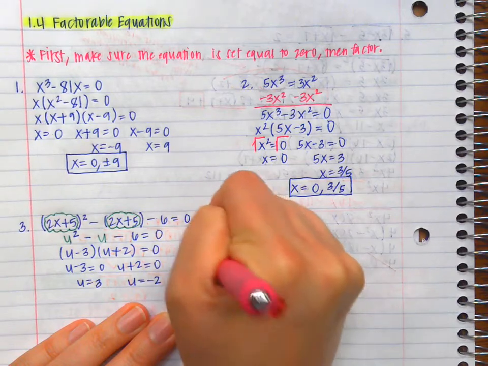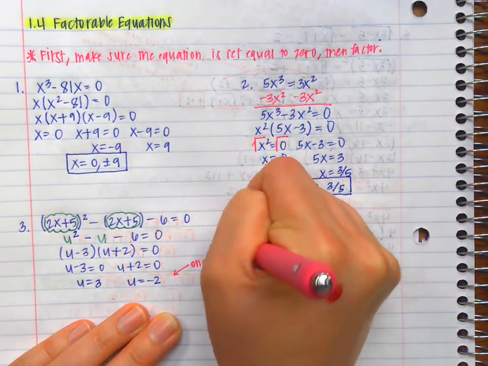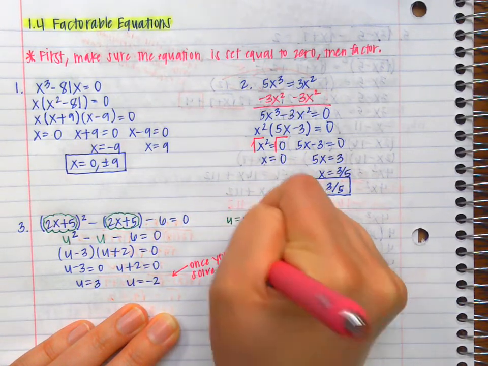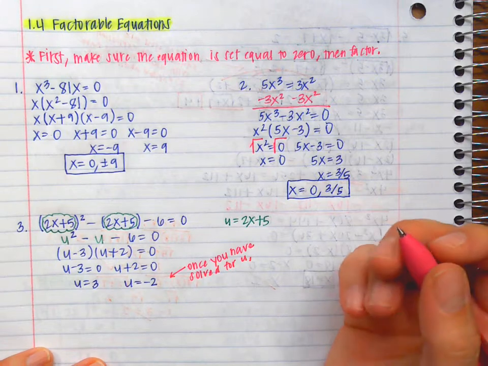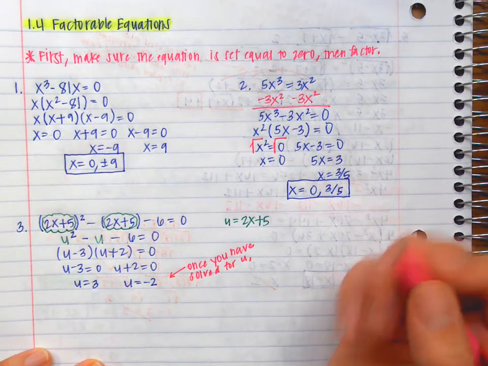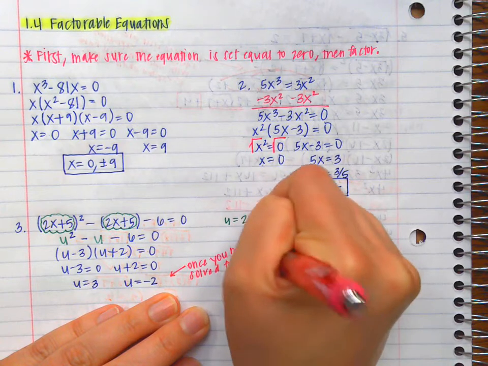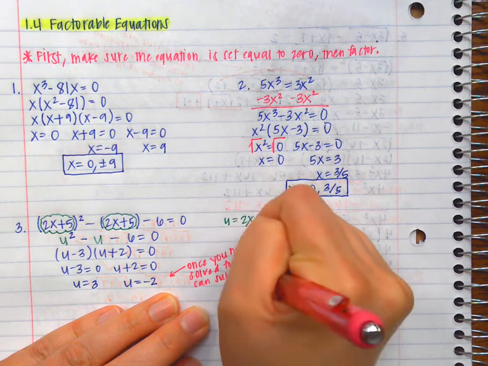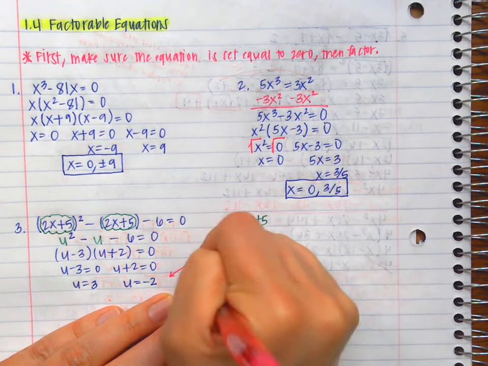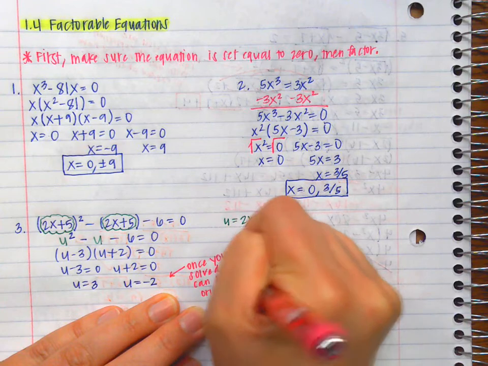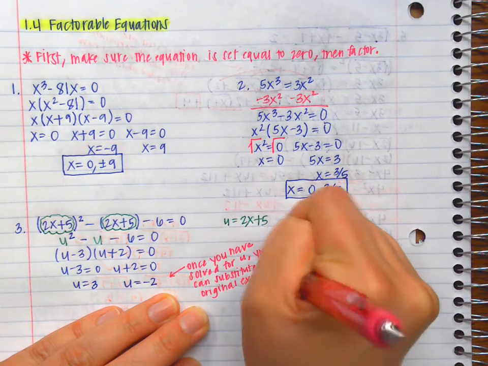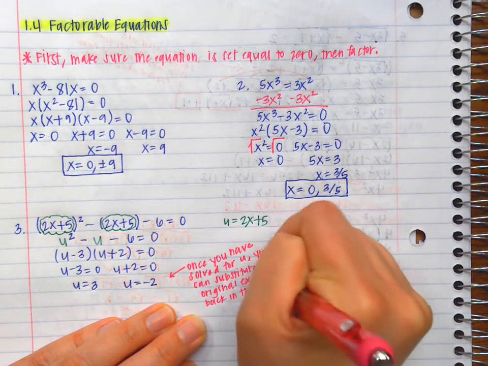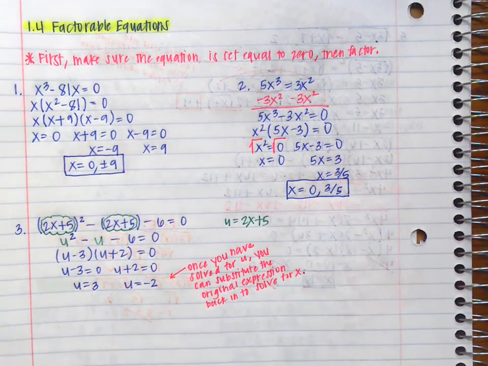Once you have solved for u, you can substitute the original expression back in to solve for x. Because remember, our end goal is to solve for x, not to solve for u.